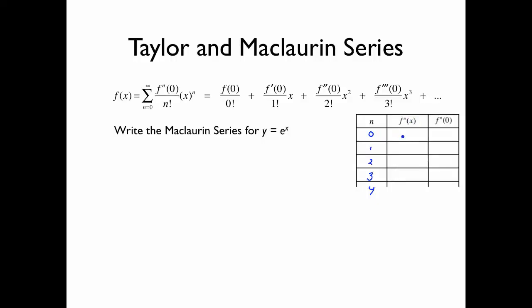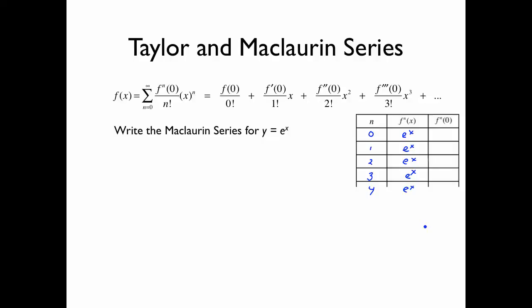The 0th derivative is just the function itself. And the first derivative? E to the x. What's the second derivative of e to the x? Every derivative of e to the x is just e to the x.